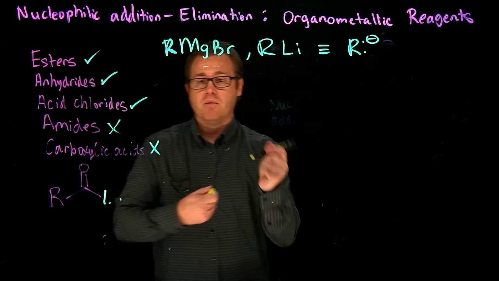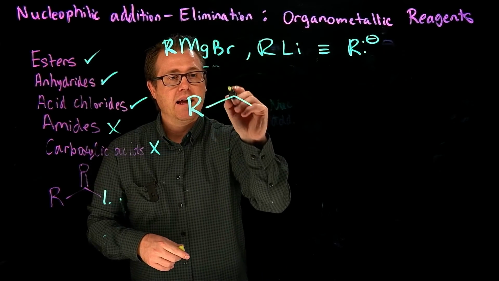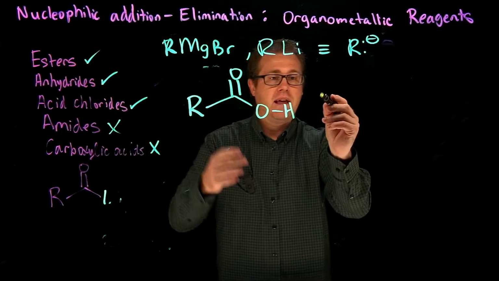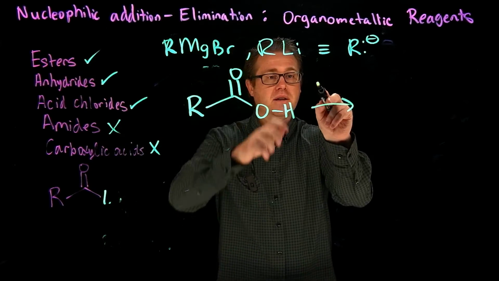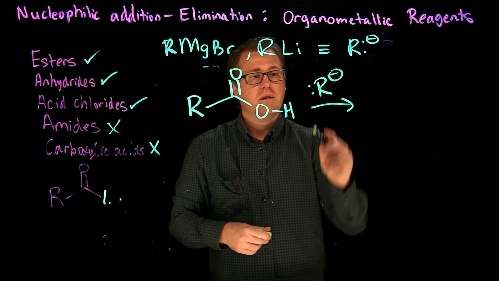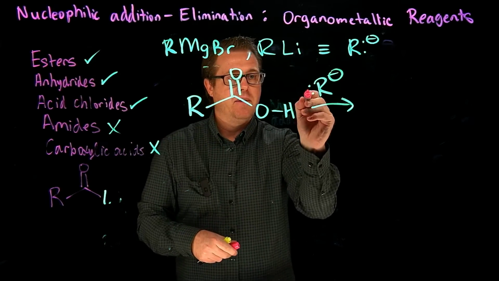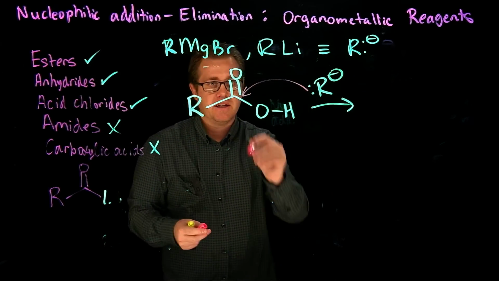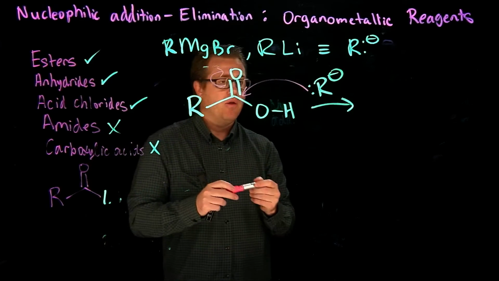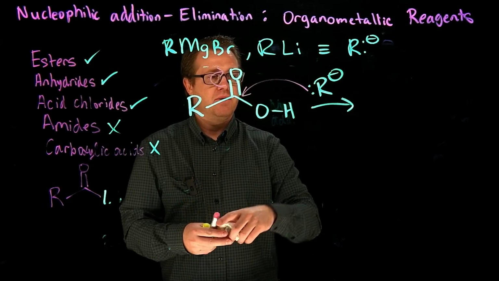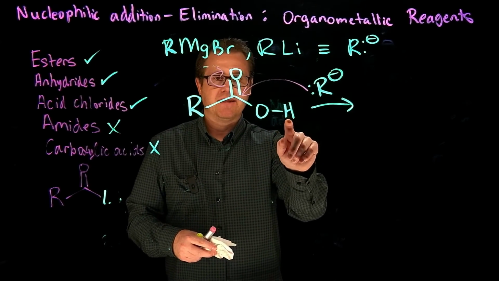The reason why it doesn't work is if you have a carboxylic acid and you treat it with an organometallic reagent, R minus here, you might hope and want it to come in and do your nucleophilic addition step. That's what you want to do. But it can't do that. And the reason why it can't do that is because we have a very acidic proton.